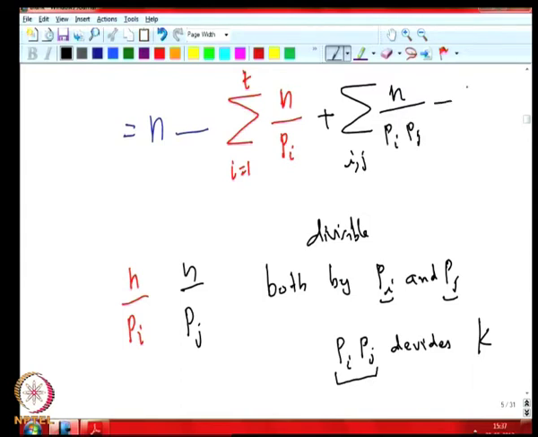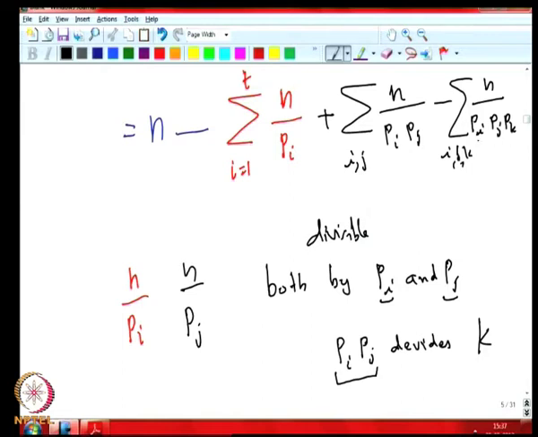And the next term would be similarly n by Pi into Pj into Pk for i, j, k, right, because we now want all three properties Hi, Hj and Hk to be satisfied for selected i, j, k.